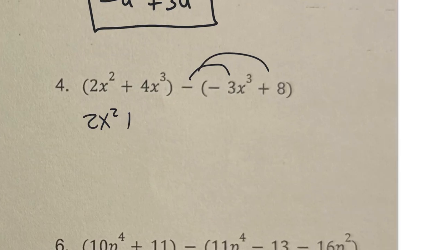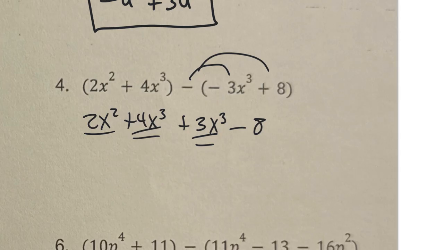So we would have 2x squared plus 4x cubed plus 3x to the third minus 8. Single underline like term is all by itself, double underline like term, and then a blank like term. With the double underline like terms, we're looking at 7x cubed plus 2x squared, and then we have minus 8 right here.